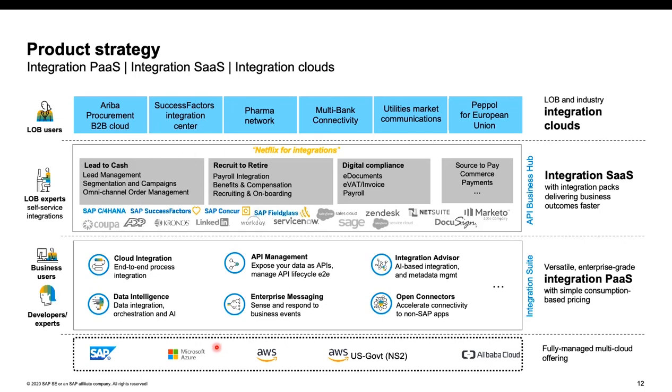So you don't have to manage the SAP Cloud Platform on Microsoft Azure, for example, or on AWS. It's SAP as the provider of the SAP Cloud Platform and also manages the SAP Cloud Platform and the integration suite on these different hyperscale environments so that you can completely focus on your integration scenarios, in our case, on top.